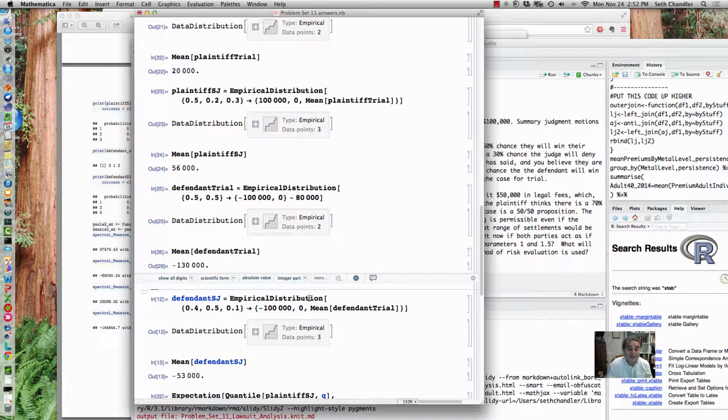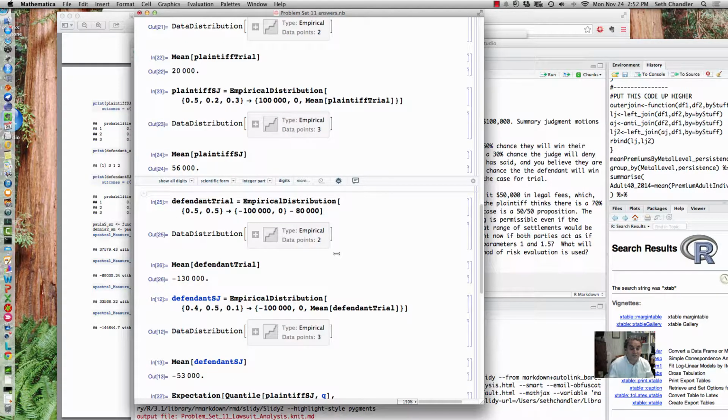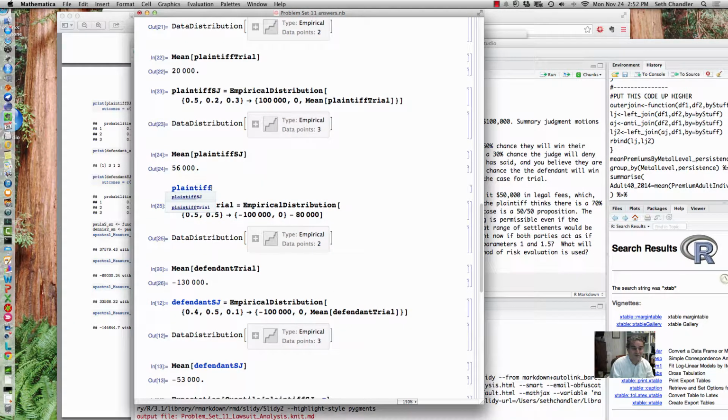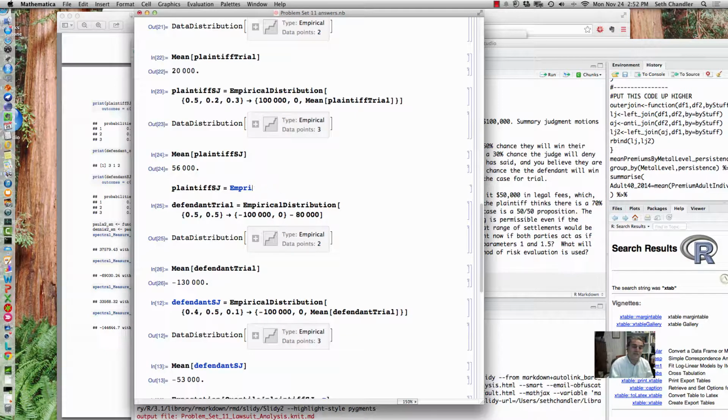Okay? And when I do that, where did I construct the plaintiff's lottery? Okay, so we need to do this. So let's do plaintiff SJ equals empirical distribution. I'm spelling empirical wrong, and when you do that, it doesn't know how to do command completion.